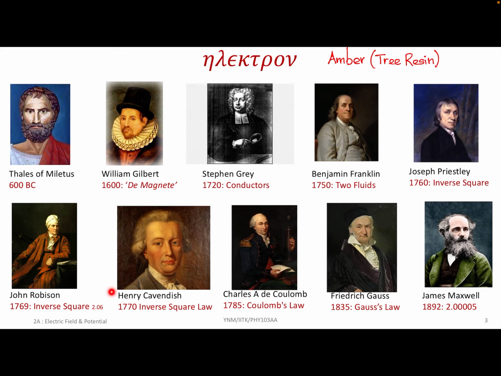And Henry Cavendish set up elaborate experiments which to this day you can actually do in an undergraduate laboratory to prove the inverse square law. But the credit of discovering the law and finalizing it goes to Coulomb, published in 1785, which you know as Coulomb's law, the basis of all static electricity.